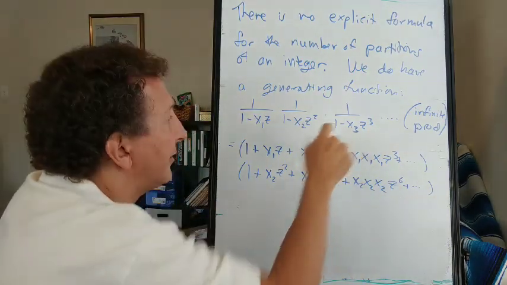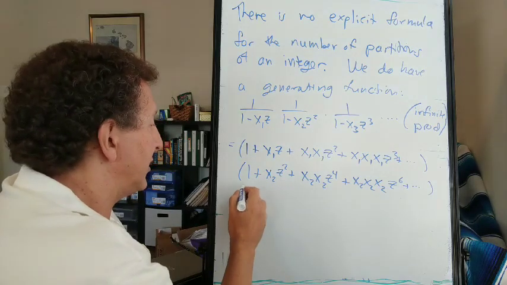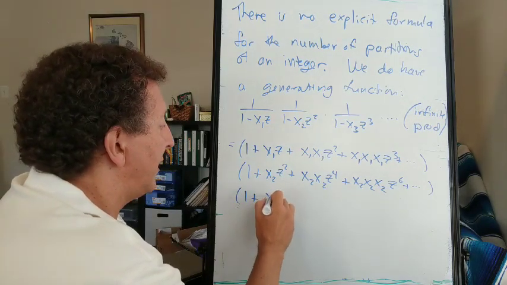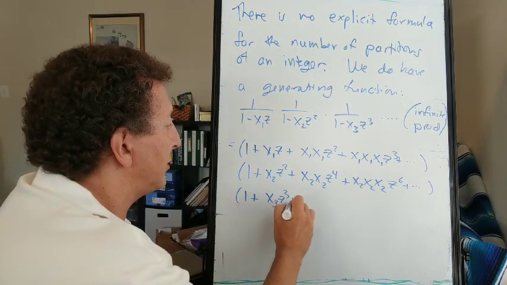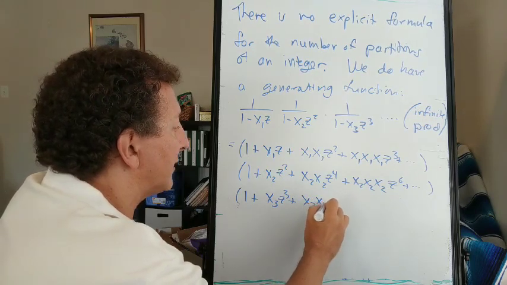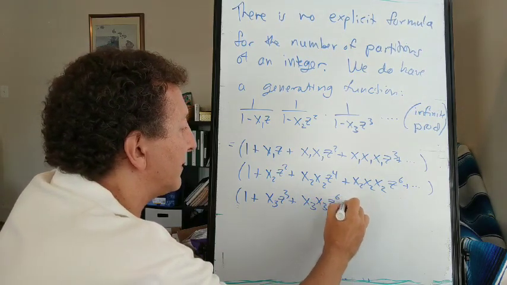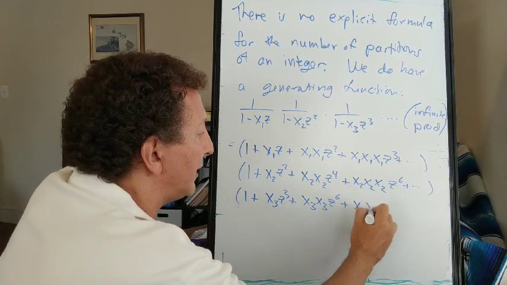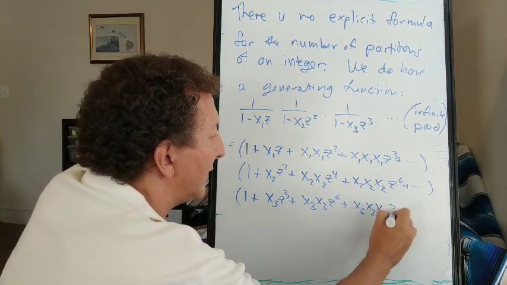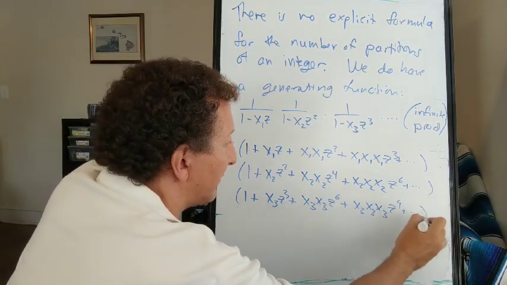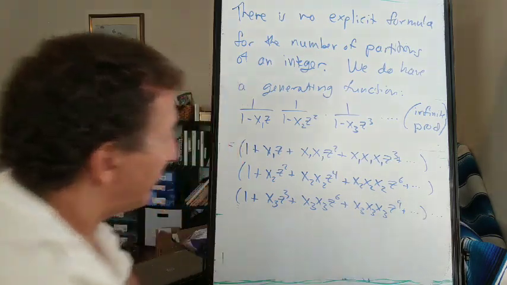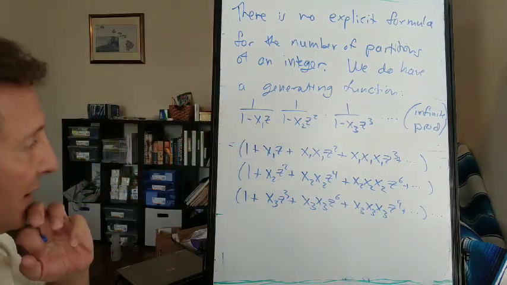And then for the third fraction here, we have 1 plus x3 z cubed plus x3 z to the sixth plus x3 z to the ninth, etc. Maybe that's enough factors here to get us going.